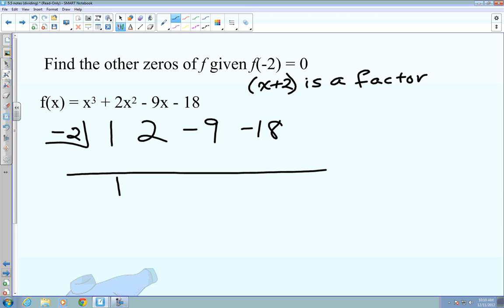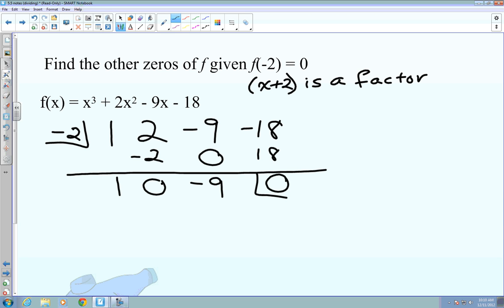Negative 2 times 1 is negative 2. 2 plus negative 2 is 0. Negative 2 times 0 is 0. Negative 9 plus 0 is negative 9. Negative 2 times negative 9 is positive 18. It's 0. Life is good. It came out the way it should. That rhymes.